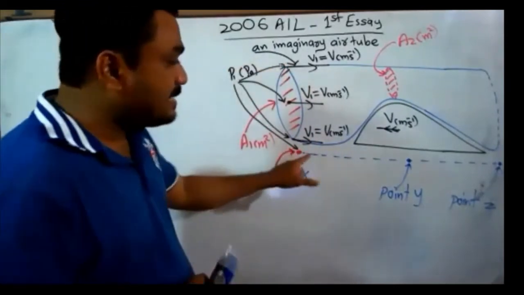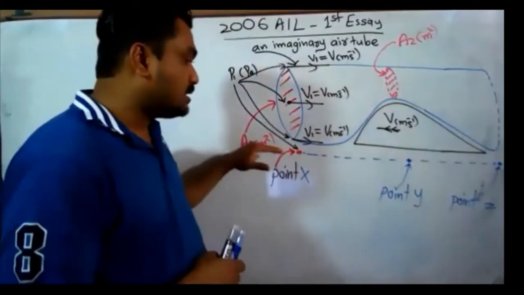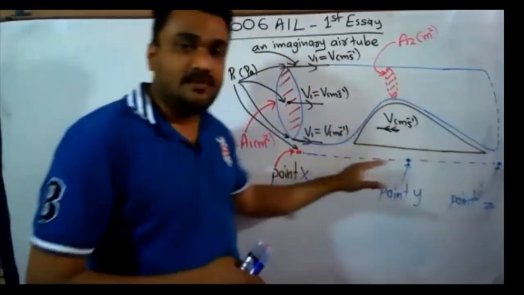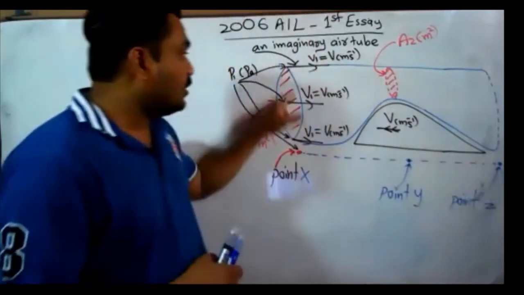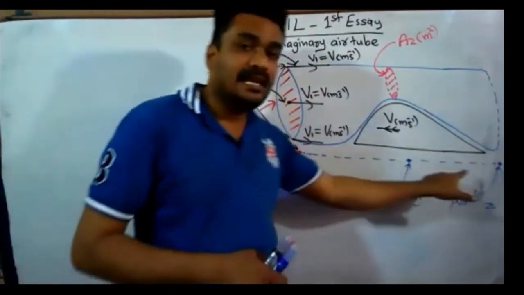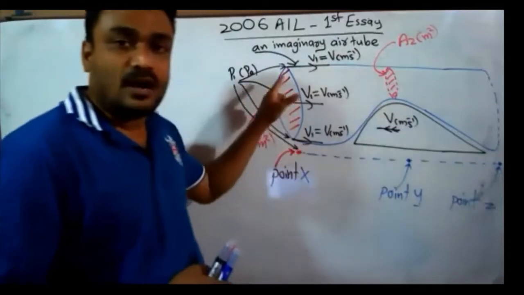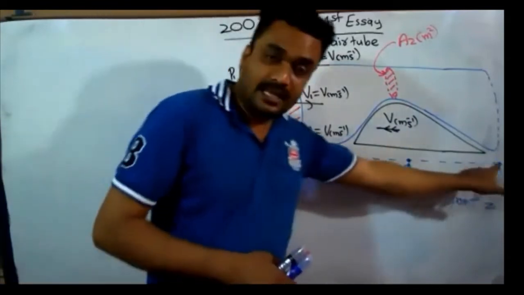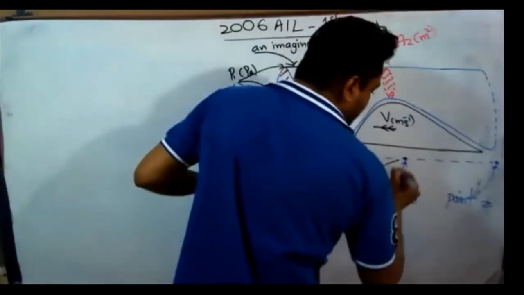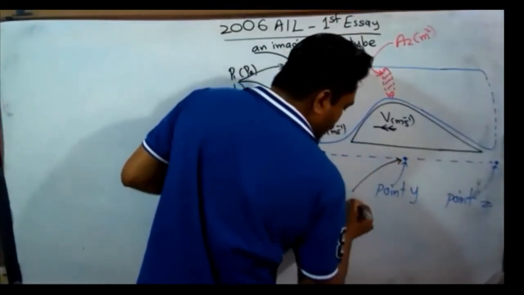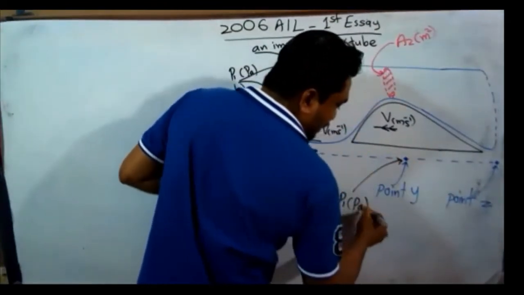And again, x, y, z points are on the same horizontal line in the same atmosphere. They are actually at rest relative to the ground. Therefore, pressure at y is also P1 Pascal.